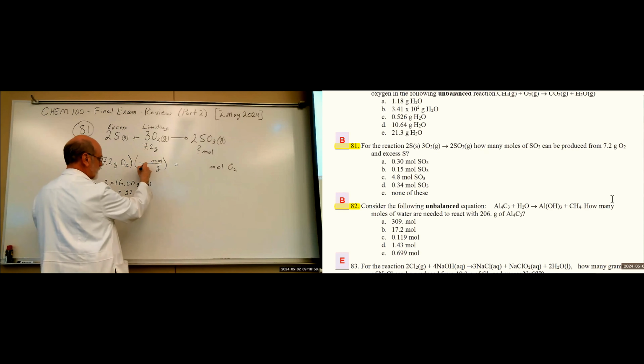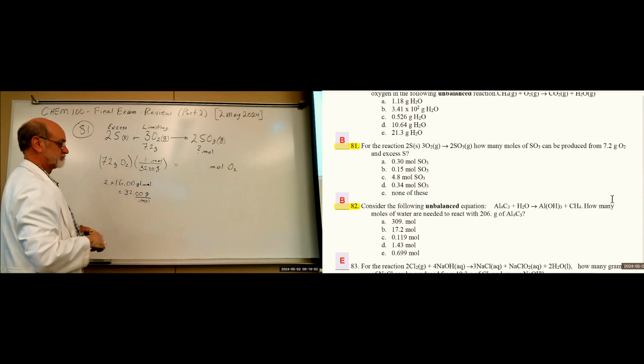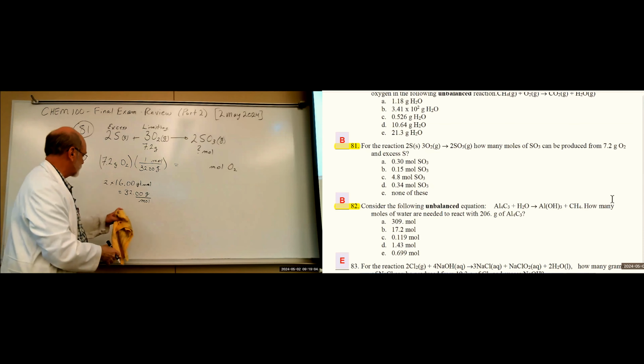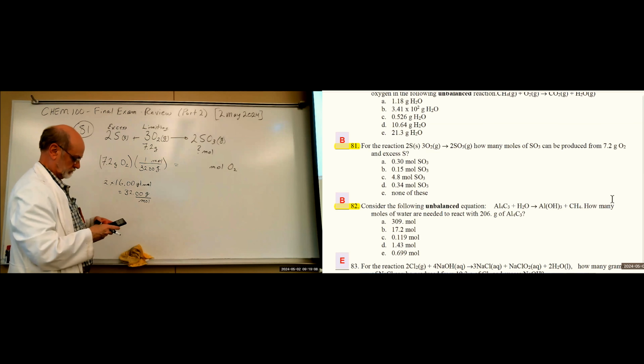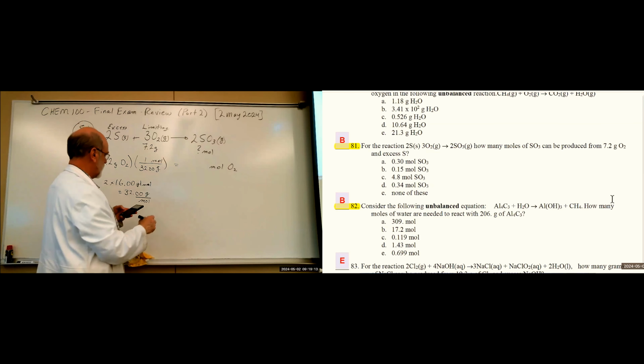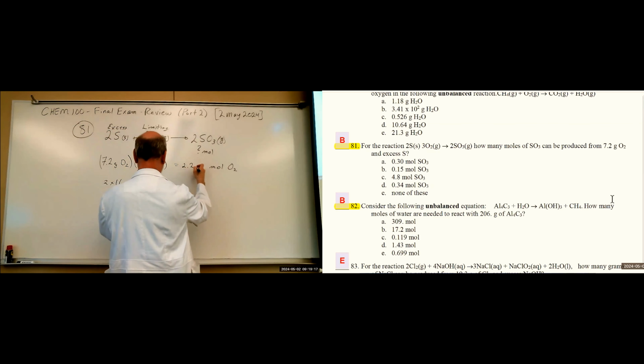So grams, in this case, goes on the bottom per mole. Now we divide 32 into 7.2, and we get 2.25. I'm going to keep an extra significant figure.